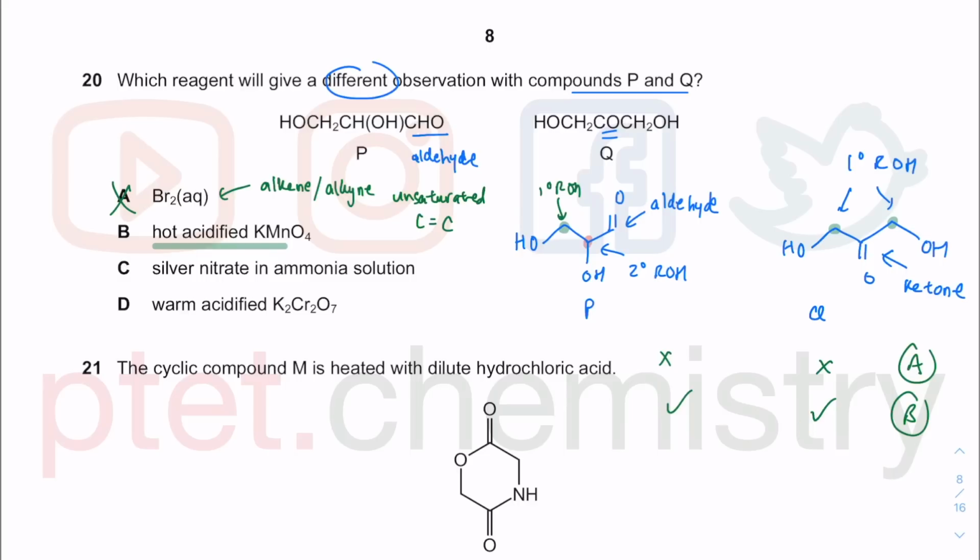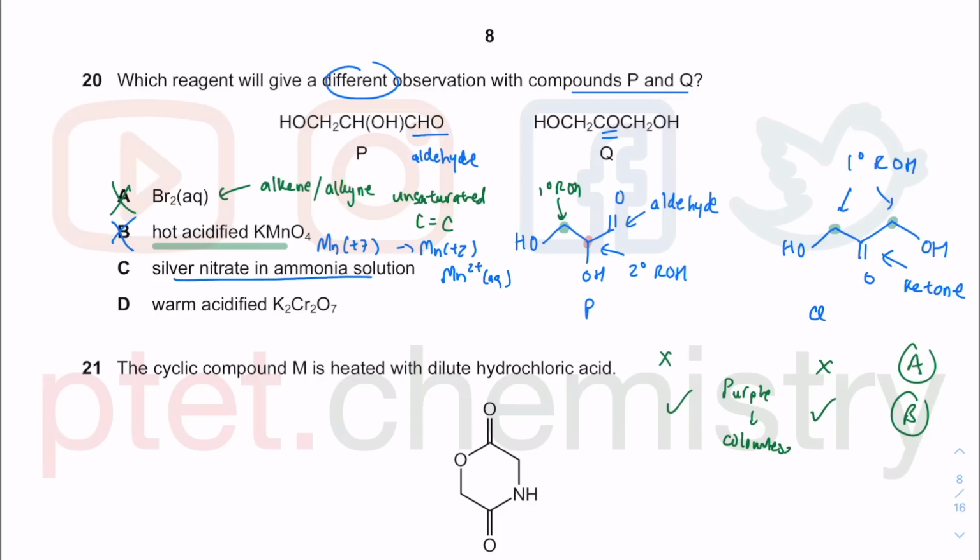It's not any different observation. Both of them will give you purple to colorless, because in KMnO4 manganese +7 will go to manganese +2, which is your Mn2+ aqueous, and that one is kind of pale pink, colorless.